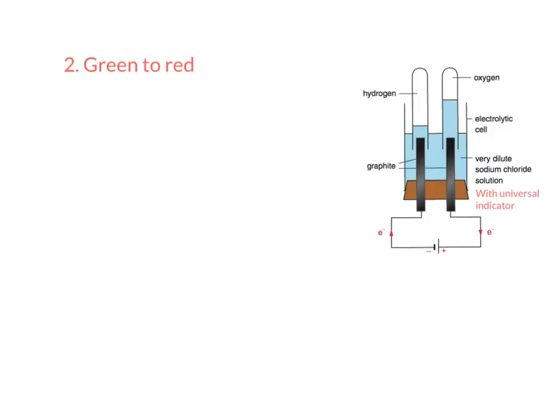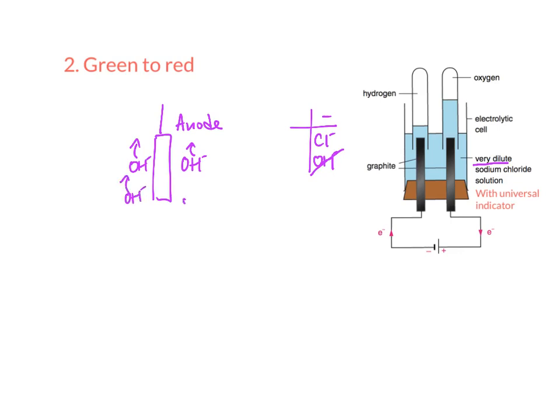The same thing happens if this time we are talking about the anode. In a case like this one, we have Cl minus and OH minus. Because it's a very dilute solution, OH minus will discharge. OH minus will then become O2.